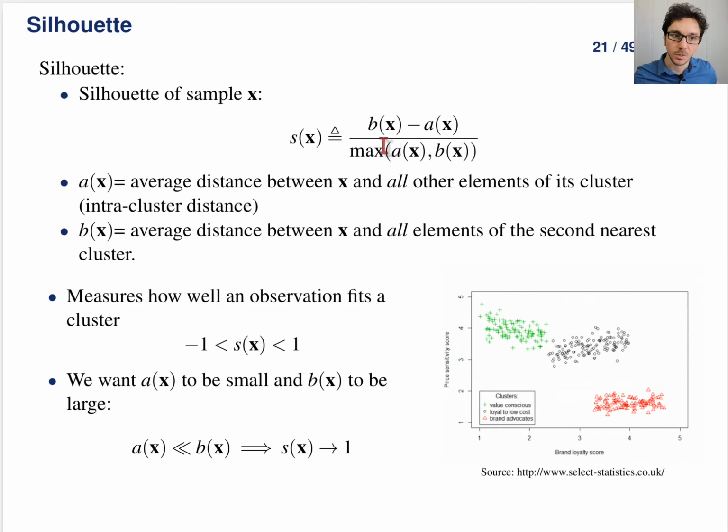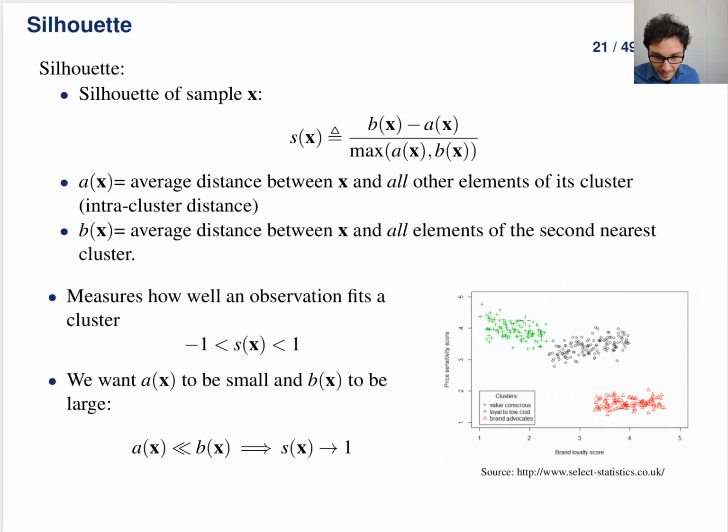So let's see how it works. First, we compute the silhouette for each sample, okay? And the silhouette is this B minus A divided by the maximum between A and B. Let's see what A is. A is the average distance between x and all other elements of its cluster.